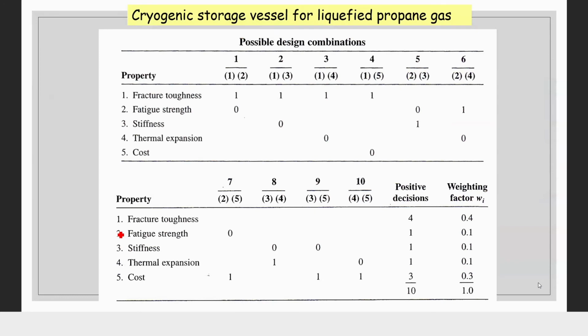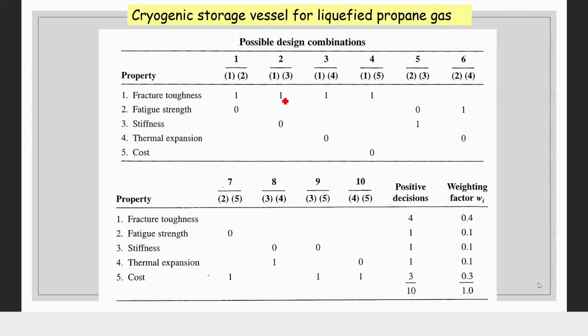Okay. Contoh yang saya bagi dalam lecture note adalah cryogenic storage vessel for liquefied propane gas. Tong gas lah. Kita punya tong gas. Liquefied propane gas. Storage tanknya untuk gas. Okay, liquefied gas. Alright.